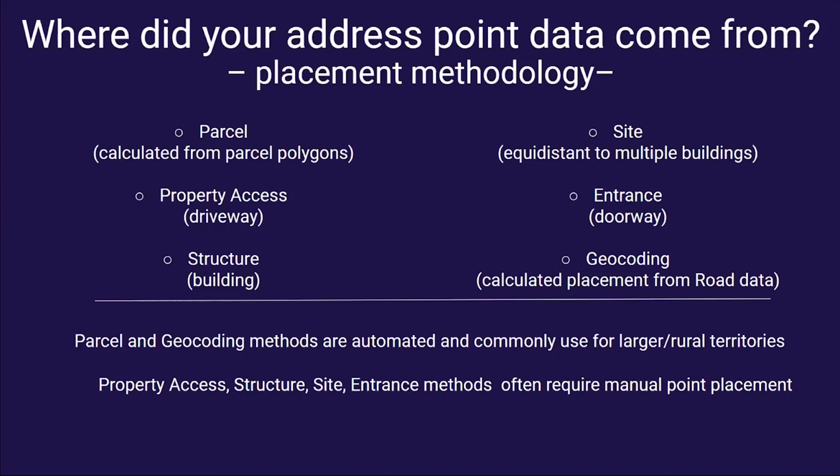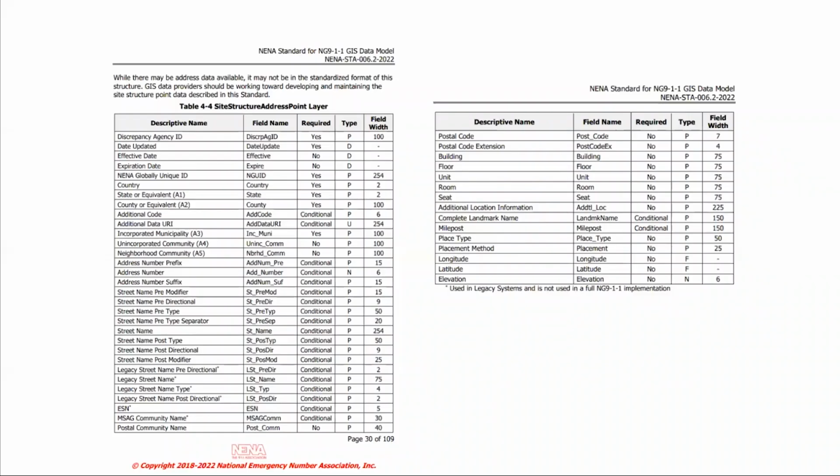So these are the main qualifications on placement methodologies that are used in populating address point data in general. And this is the core of what address point data is in emergency response data sets. So moving on, this is just a rapid fire review. This is the NENA required attribute data set, attribute fields for your address point layer.